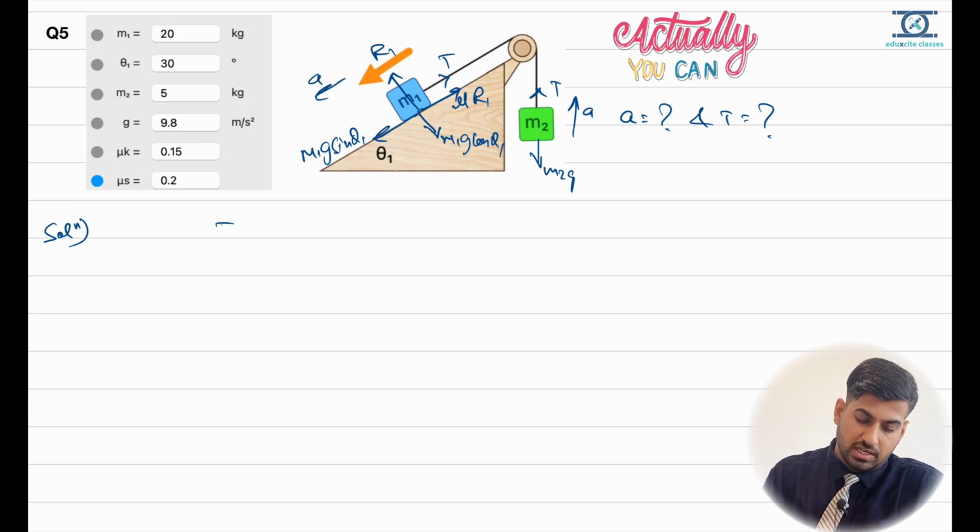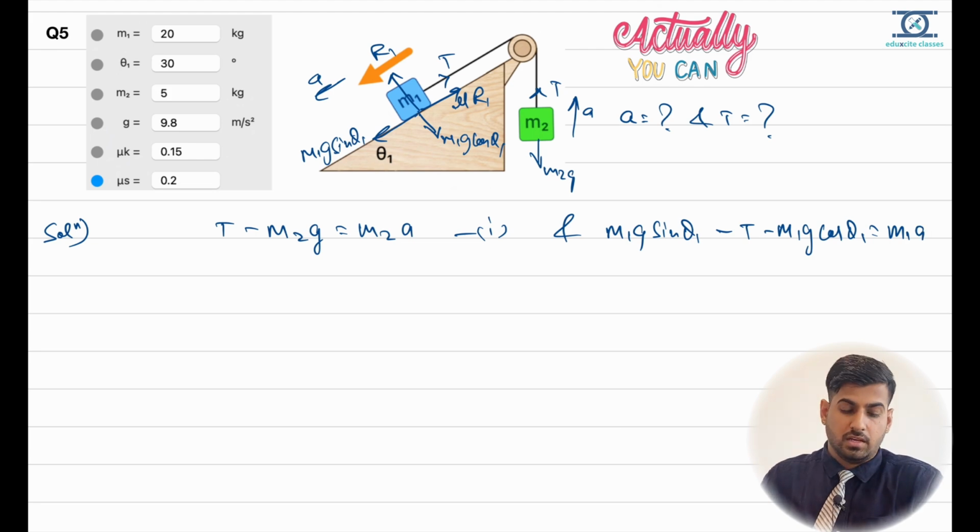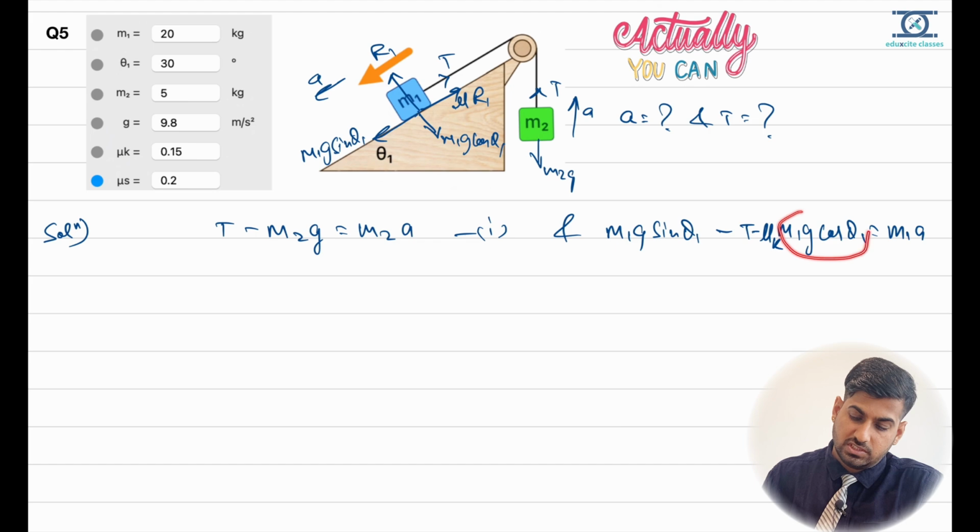So for m2 I will write T minus m2g equals m2a, equation 1, and I can write equation 2 as m1g sine theta 1 minus T minus mu k times m1g cos theta 1 equals m1a, because mu into r1, and r1 is m1g cos theta 1.